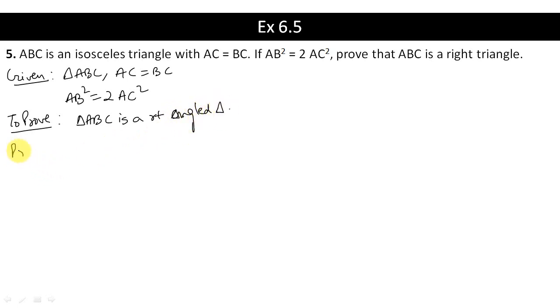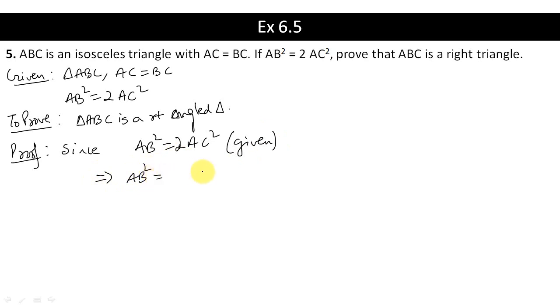Okay, proof. Since we are given that AB square is equal to twice AC square, this twice AC square, I can break this as AC square plus AC square.